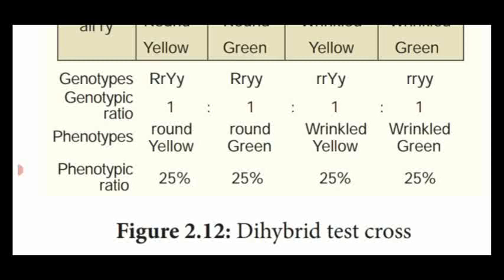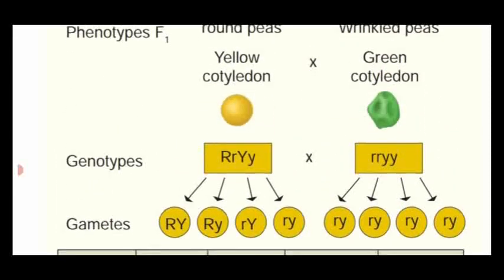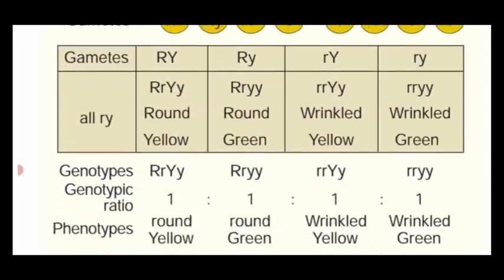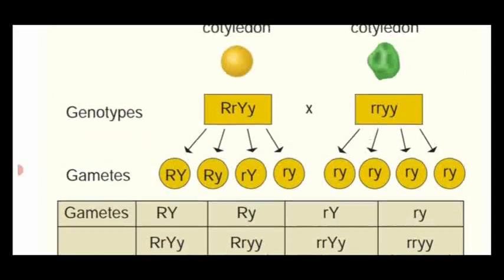Round green is a recombinant one, wrinkled yellow is also a recombinant one. Thus the dihybrid test cross proves the heterozygosity and homozygosity of the gametes, and the newly formed recombinant character is also expressed in the dihybrid test cross.